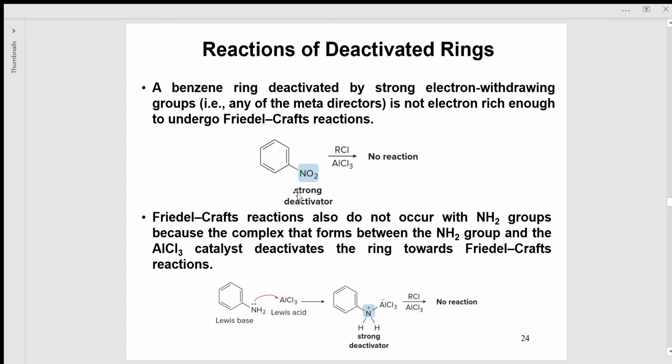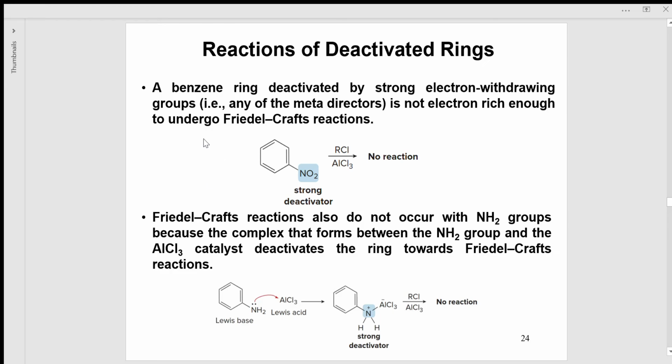It is true we have 6 electrons in this benzene ring, but whenever we have a very strong electron withdrawing group, it will pull the 6 electrons towards the nitrogen of the nitro group. Which means the electron density in this benzene ring is significantly reduced.